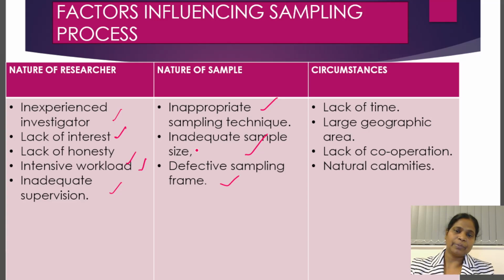And underrepresentation, we call it inadequate sample size. Inappropriate sampling technique: we have different types of sampling methods, which we'll discuss further. Then circumstances: lack of time, large geographic area, lack of cooperation from the participants, natural calamities, which are unexpected occurrences that cause some disruption in the continuity of the study.